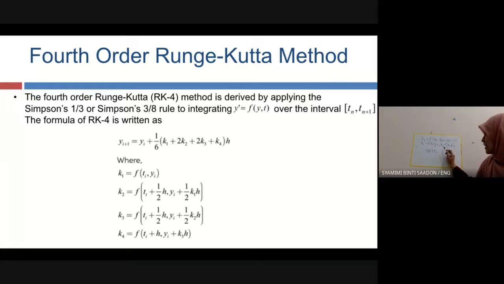And then y0. Y0 just now is 1. Plus 1/2 k1, where k1 is minus 1.1, so you need to calculate somewhere. Like this: y0 plus 1/2 k1, negative 1.1, multiplied with h, 0.5.